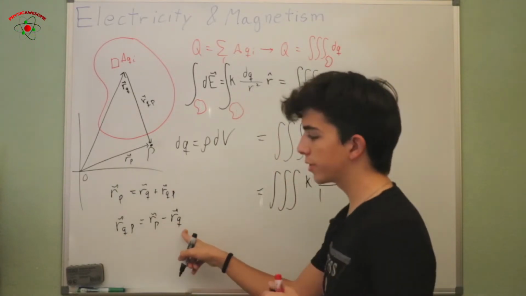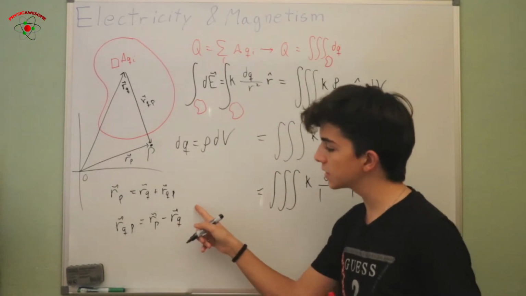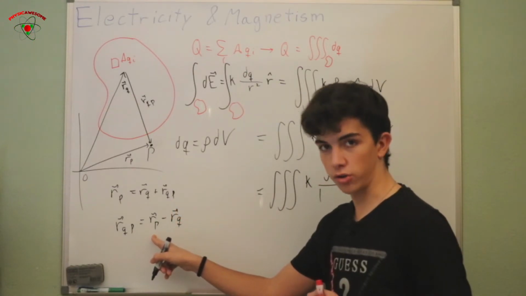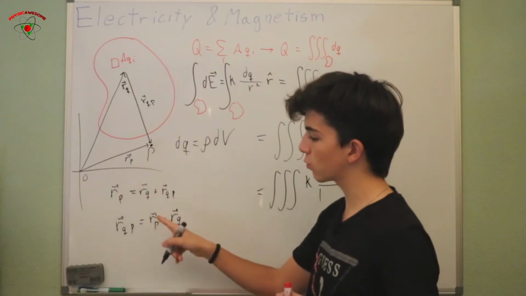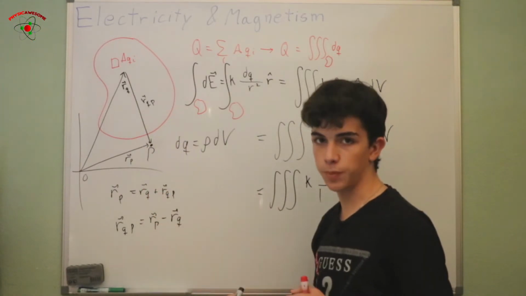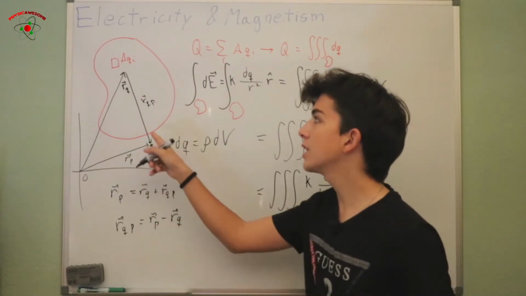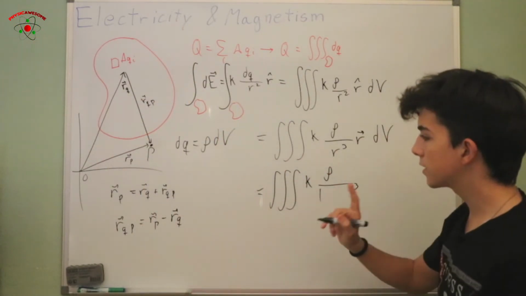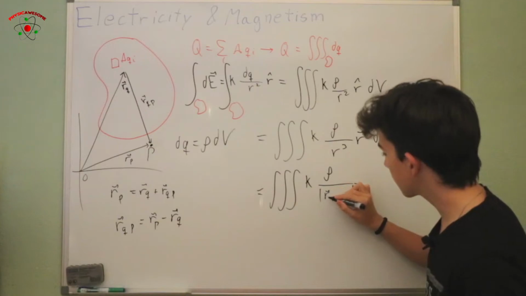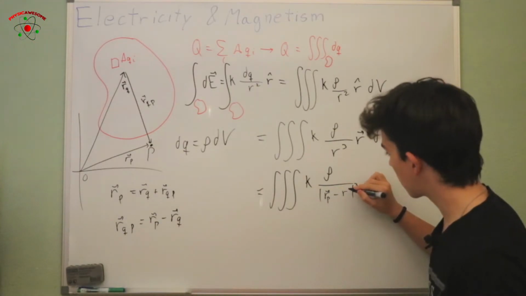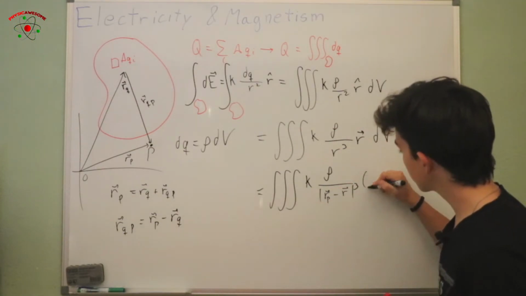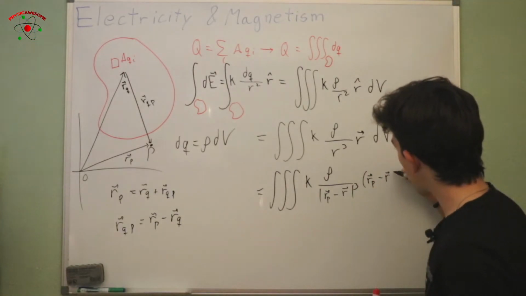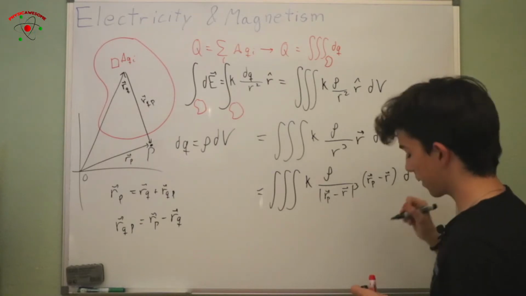I'm going to drop this q so that it's clear this is the one we are integrating, and this is a constant because we are not going to integrate in the point P. We're just going to integrate in the q so that we integrate over the charge distribution. So this is going to be rp minus rq times rp minus rq dB.